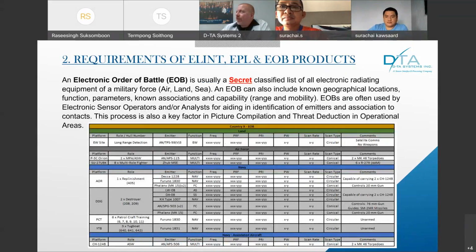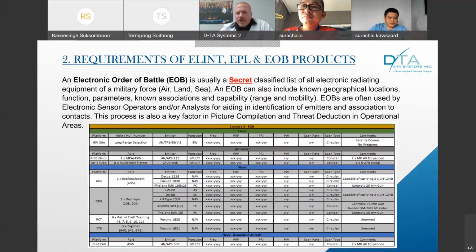So for an electronic order of battle or an EOB, usually an EOB will be secret. So in order to keep this unclassified, what I've done is obviously I've just taken out all the actual parameters. But this is generally how one of our EOBs would be laid out. Again, usually classified as secret, it lists all electronic radiating equipment on a military force, be it air, land, or sea.